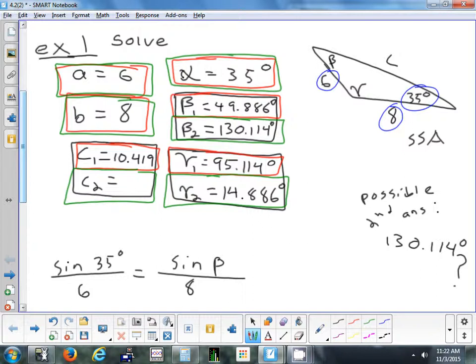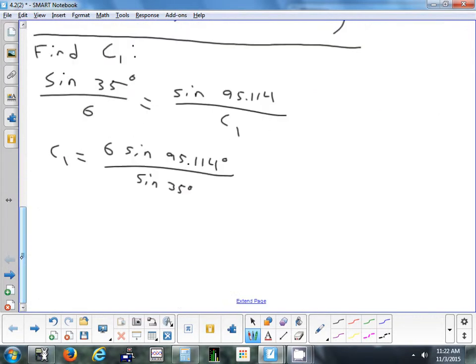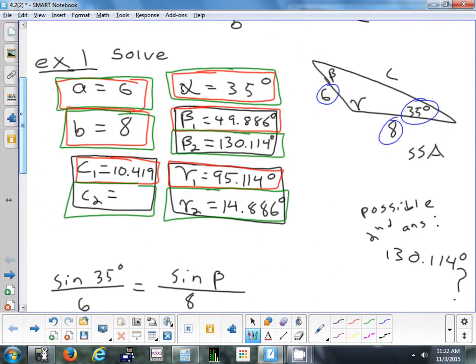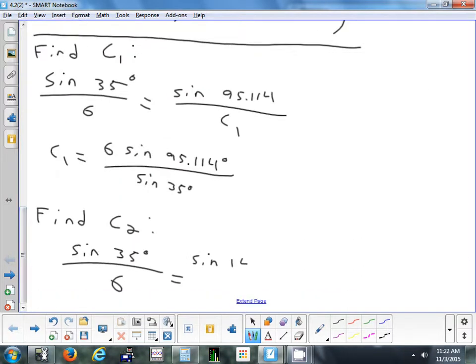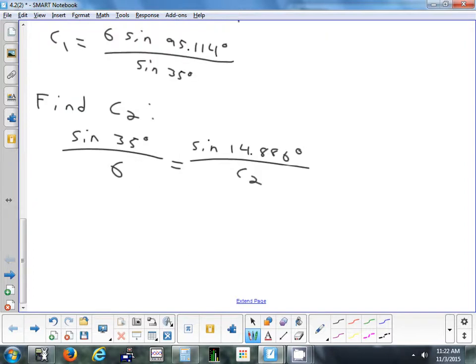So A is in both, B is in both, and then C2. Those are the 3 sides of the green triangle. So sine 35 over 6 equals sine 14.886 over C2. You'll like the next problem because if this is a lot of work, the next one's hardly any work.